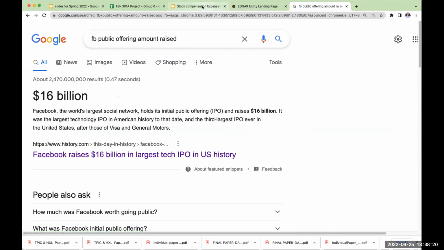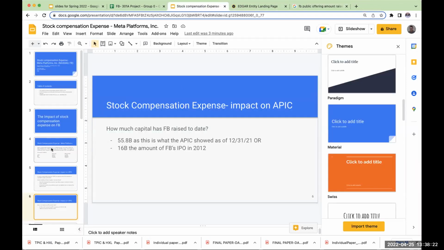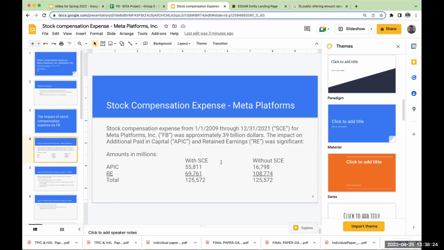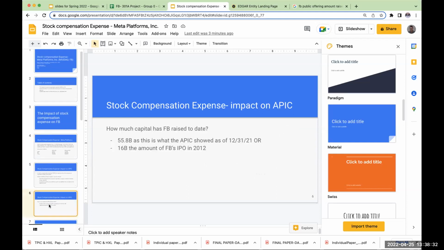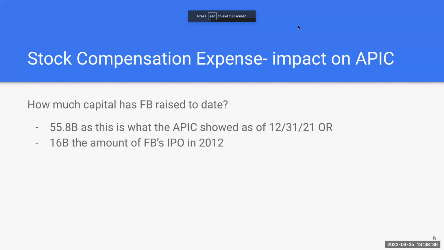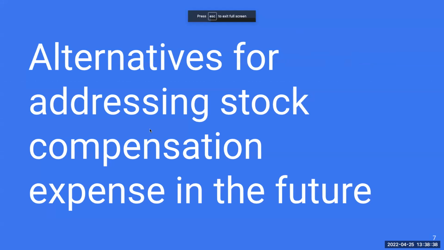And factually, if we remove the stock compensation expense, this shows a truer picture of what Facebook's additional paid-in capital is. So it's had a pretty big impact on additional paid-in capital.